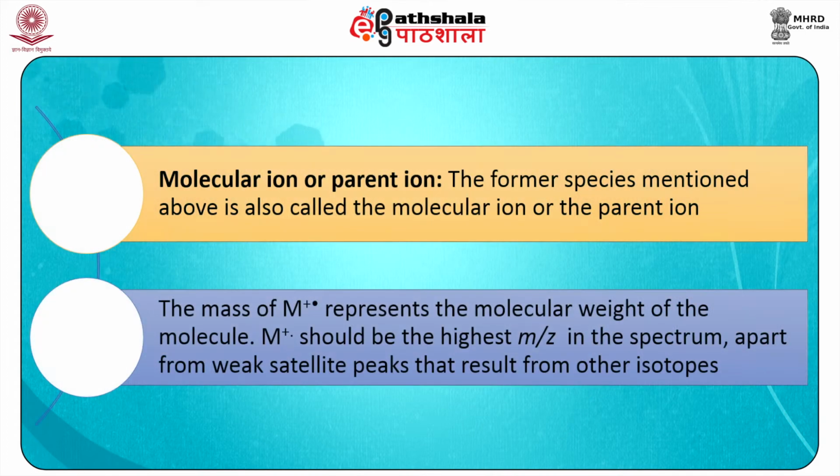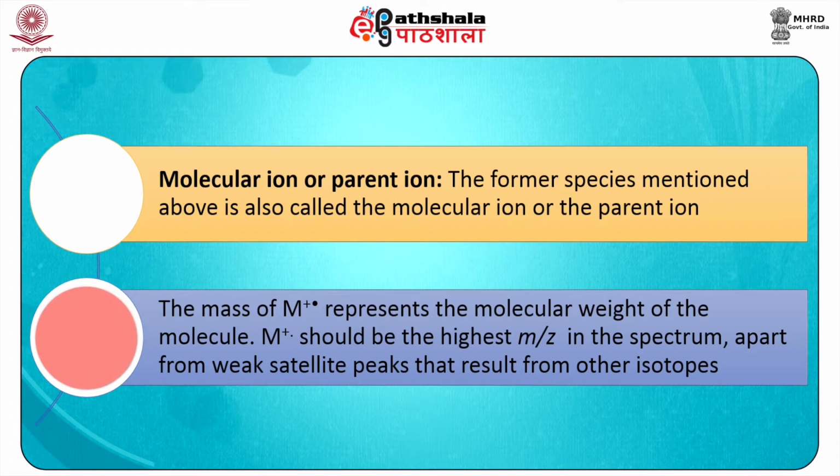What is now a molecular ion or a parent ion? They are both the same. The species mentioned above, that is the radical cation, is also known as the molecular ion or the parent ion. So now you know that there are three names for the same species: molecular ion, parent ion and radical cation are one and the same thing.